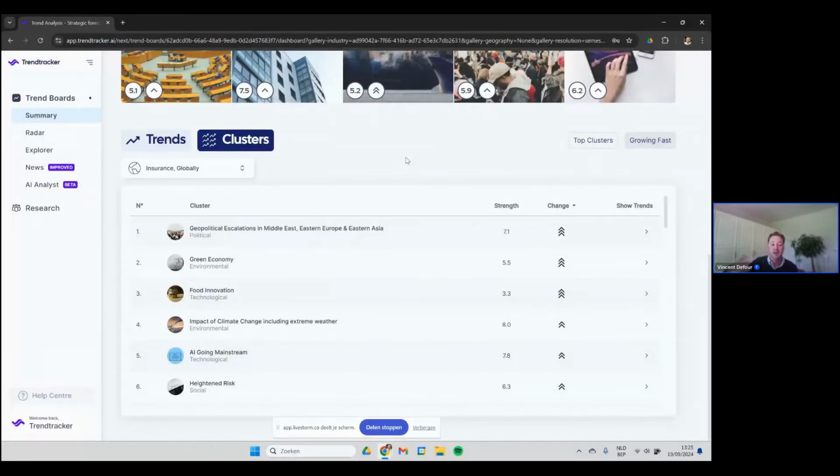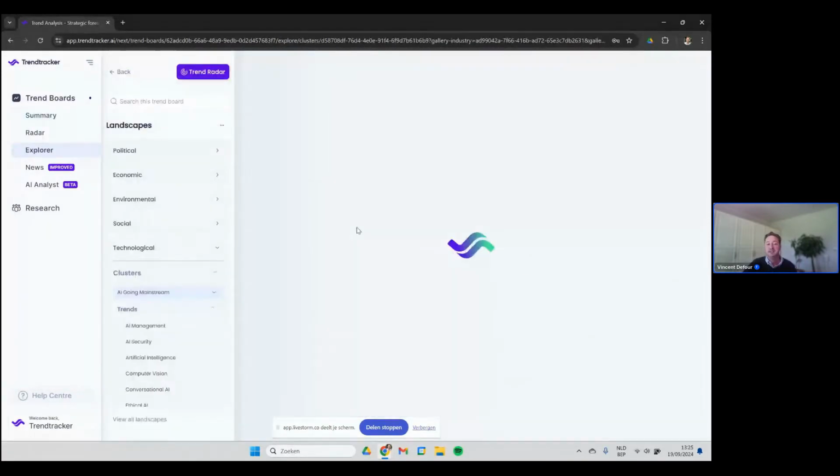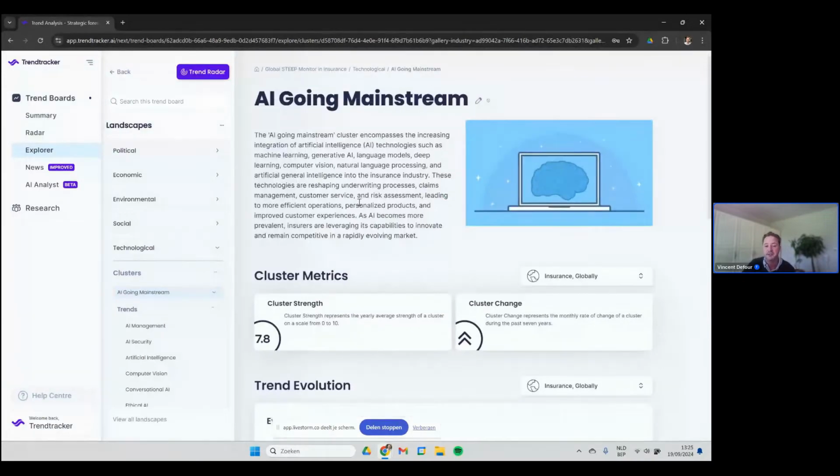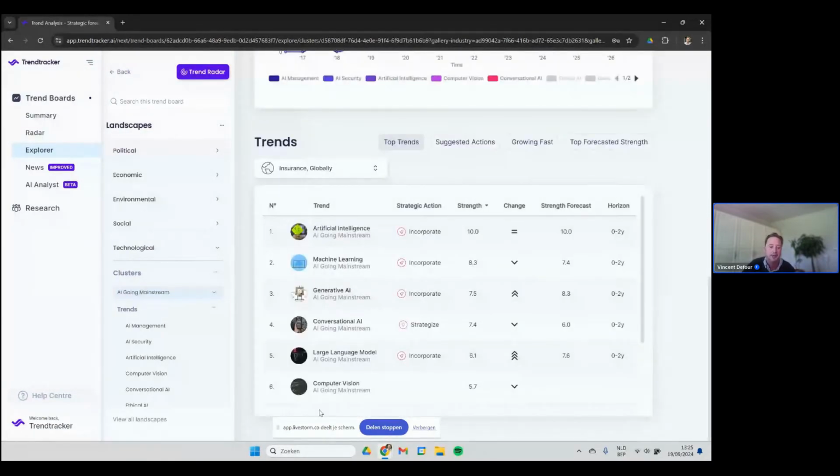And then typically what happens is that you can zoom in specifically onto all these clusters, and these clustered macro forces are actually fueled by underlying actual trends that also are scored on the insurance industry. And here you can do similar signals.